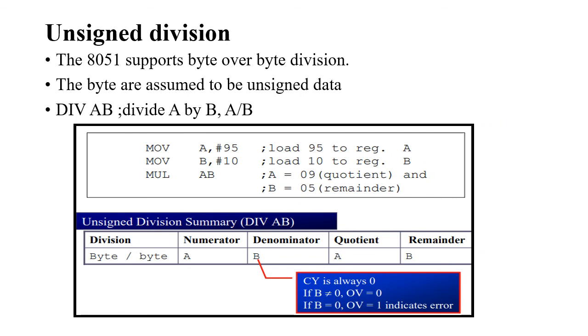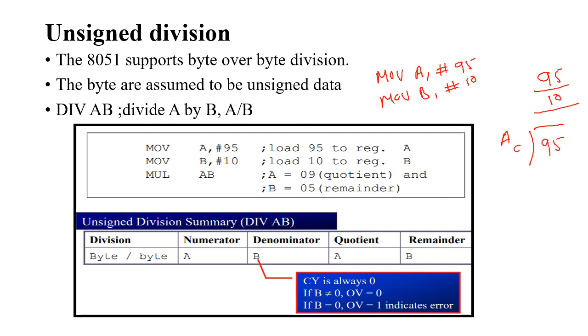Here in this slide we will be discussing the division of unsigned numbers. Same as multiplication, both A and B registers are involved in the division operation. For example, if you have the instruction MOV A comma #95 and MOV B comma #10, that is 95 divided by 10, the quotient will be 9 and 5 will be the remainder.